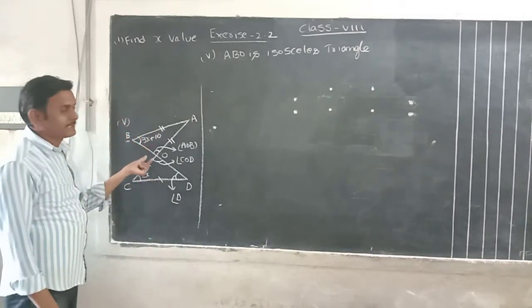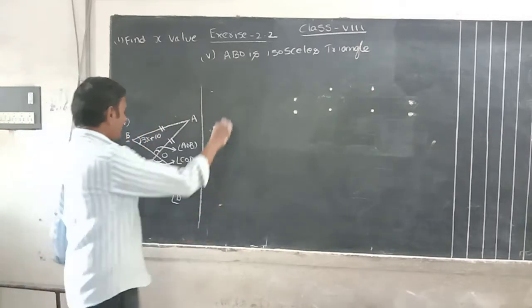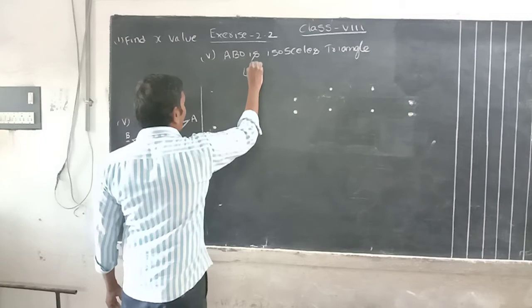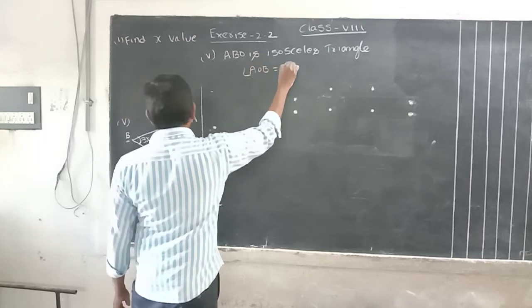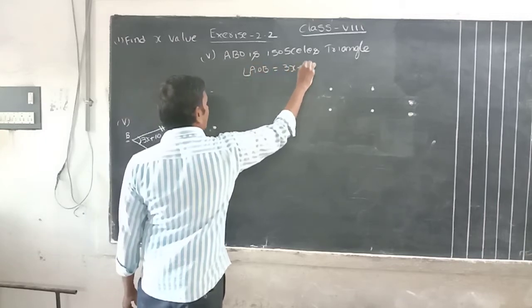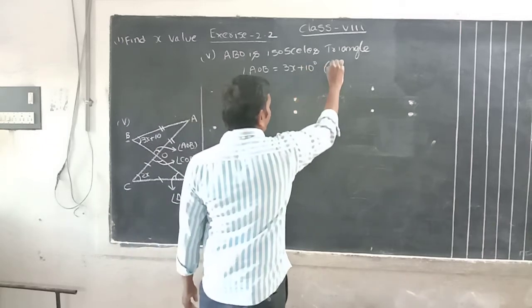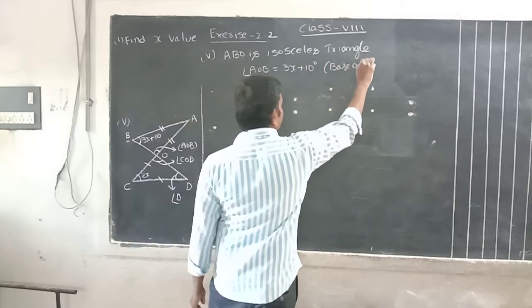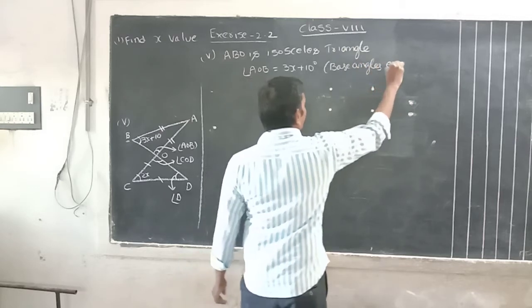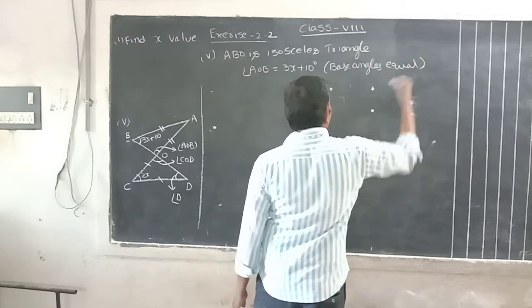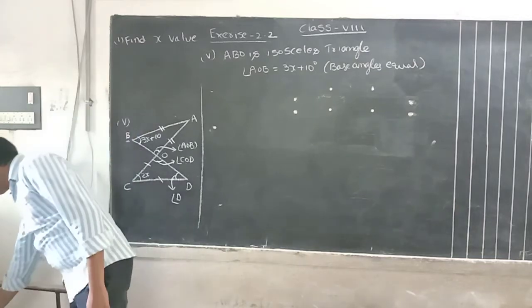Isosceles triangle means base angles are equal. Then what will be angle AOB? It equals 3x plus 10. Base angles are equal. Now go for the next triangle.